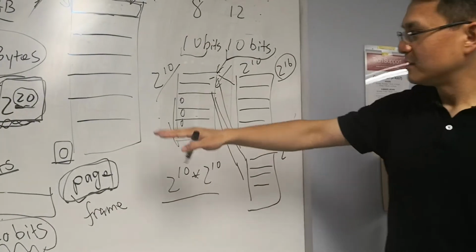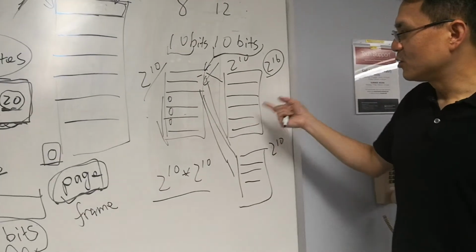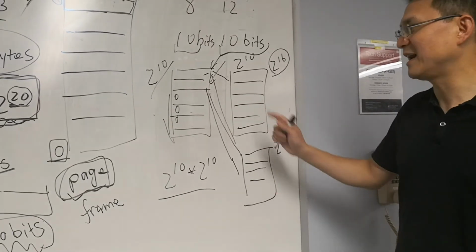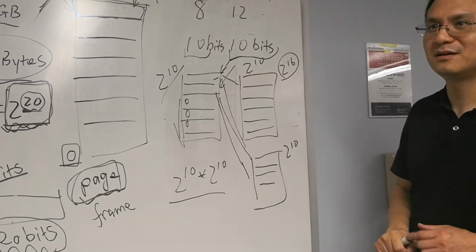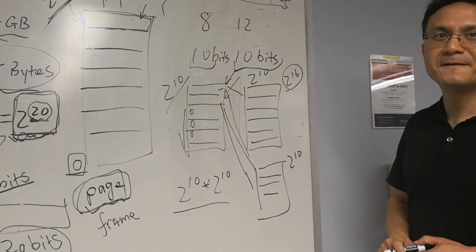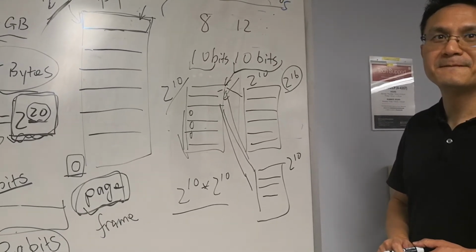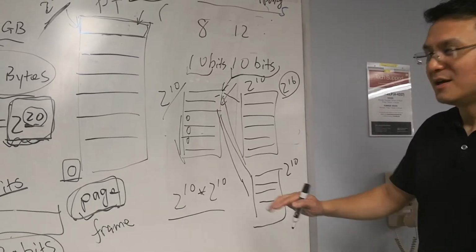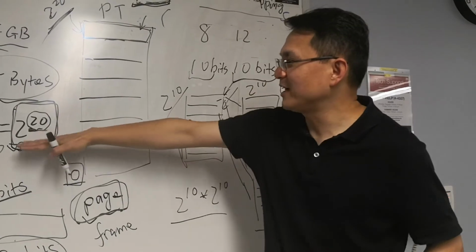So with 2 levels, what's the minimum number of pages you can have with 2 levels set up? With 1 level, you have to have that many entries.